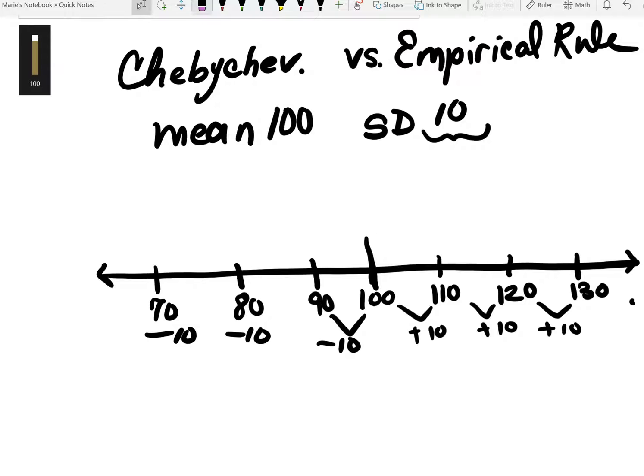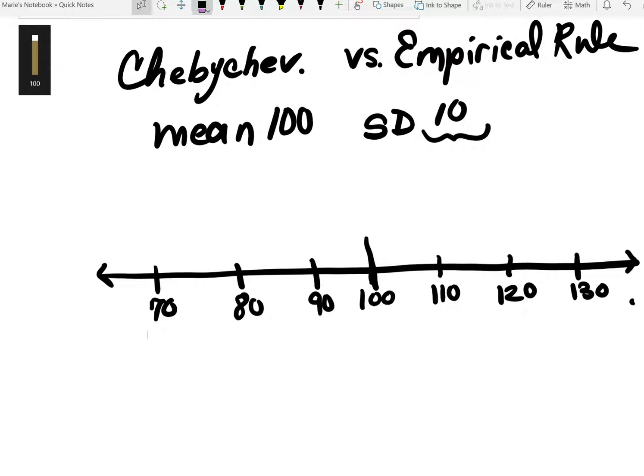What these values represent are the z-score positions for this particular model based on the numbers they gave us. So every time you have a question, you're going to have to look for the mean and for the standard deviation, and you're going to have to create this type of drawing or model. So again, going back to the z-scores, the mean itself is where the z-score is equal to 0.